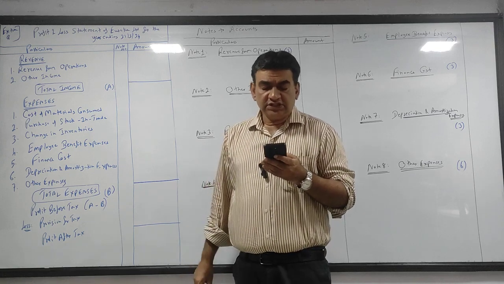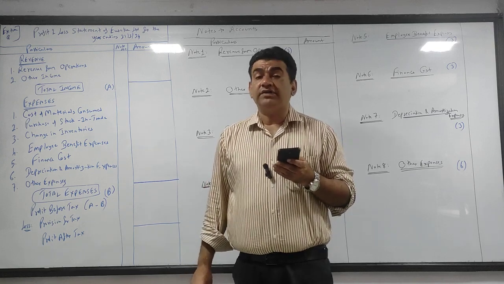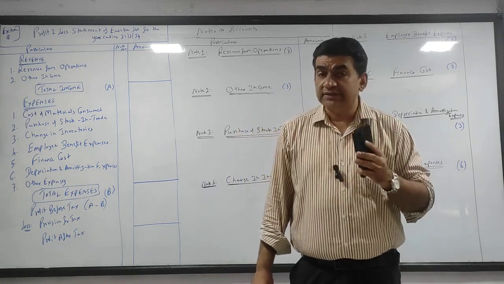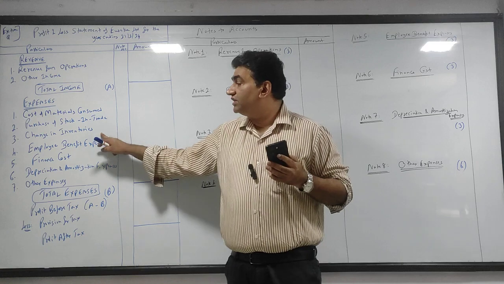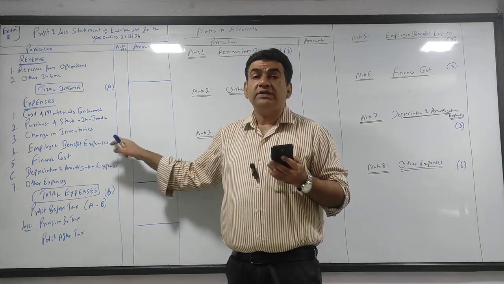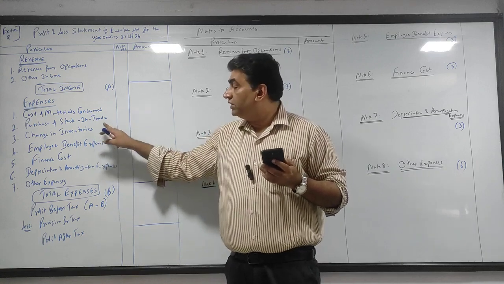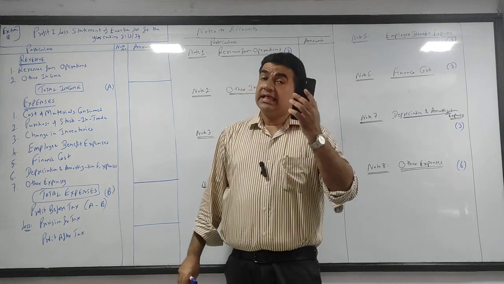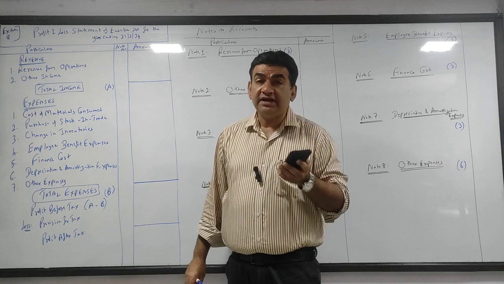Next, closing stock of finished goods, opening stock of finished goods. Closing and opening stock of finished goods both will be a part of change in inventories. Okay. Interest received, dividend received.